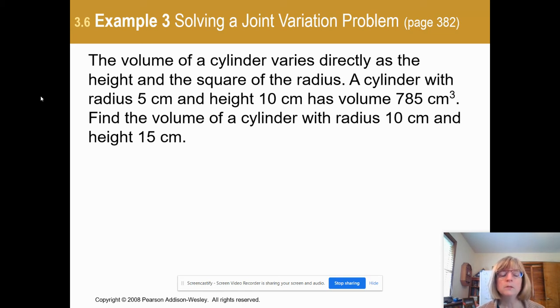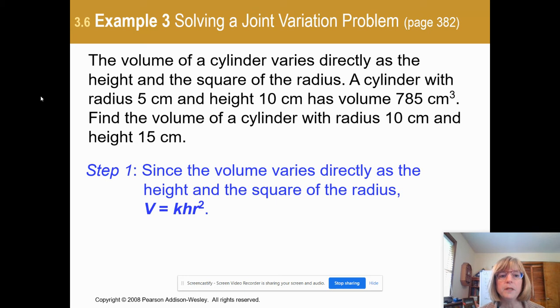So on this one, we set up our basic or generic equation, and that's going to be V for volume varies directly, so V equals K, our constant of variation, times H, height, and square of the radius means R to the second power.